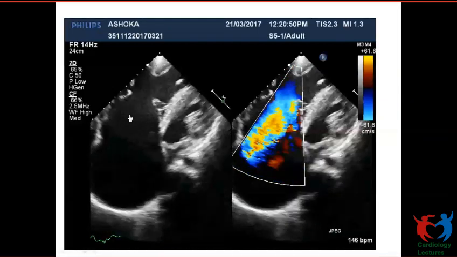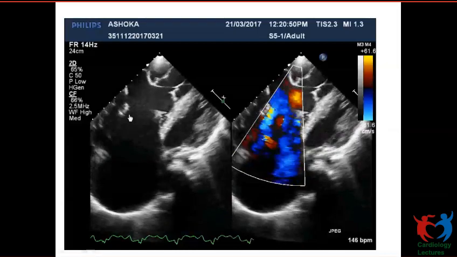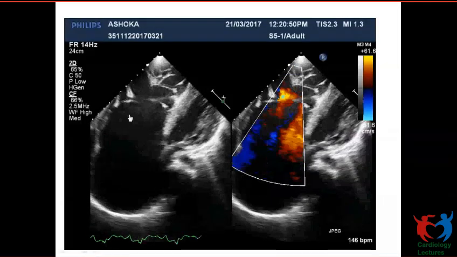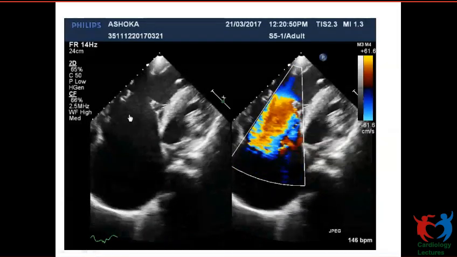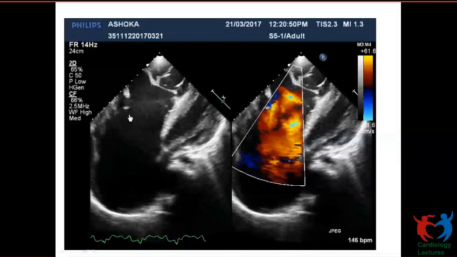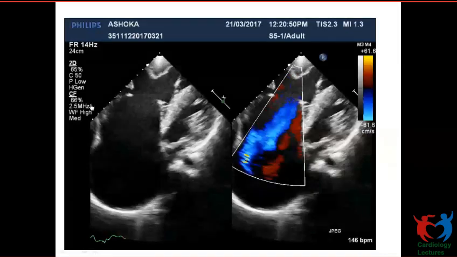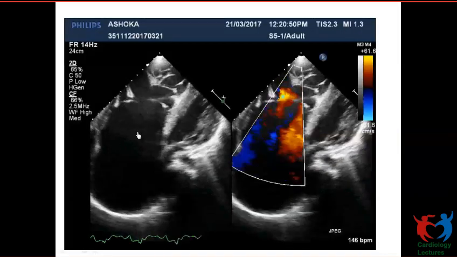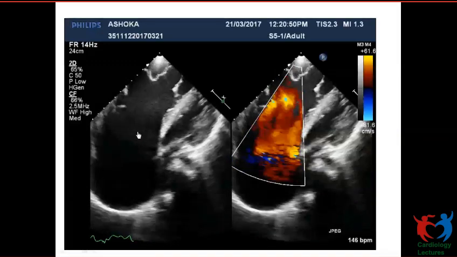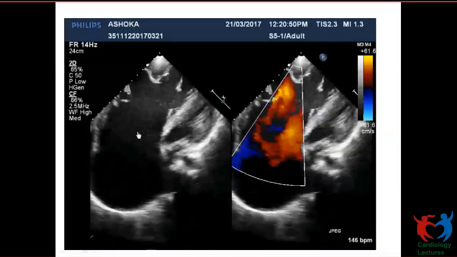What is 1.5 ventricle repair? You all know it. A bidirectional Glenn in association with repair. Sometimes, if the functional RV is very small, they may have to do a bidirectional Glenn. So that is called 1.5 ventricle repair. Where else do you do this?